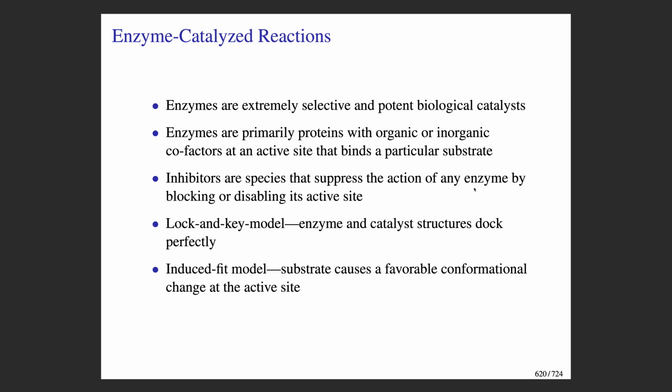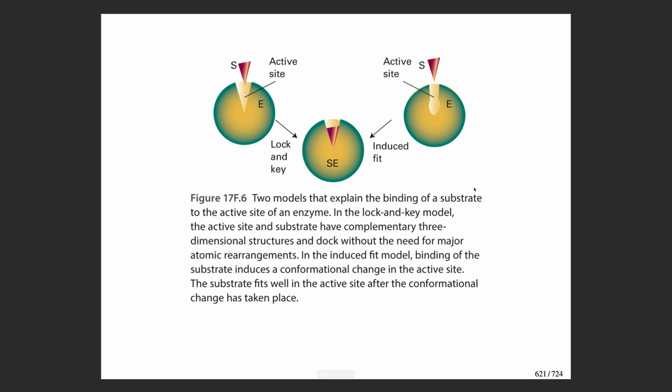Enzymes are typically proteins, as far as I know, and what they do is they have active sites on them that bind a particular molecular substrate, which enables a reaction to take place, and then the products are released. There's two primary models that I know about. I'm sure there's more. One of them is called the lock and key model, where the enzyme is perfectly designed, so to speak, for the substrate. That is, only the substrate will fit in that active site on the enzyme.